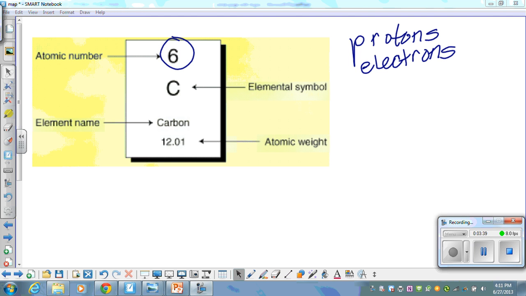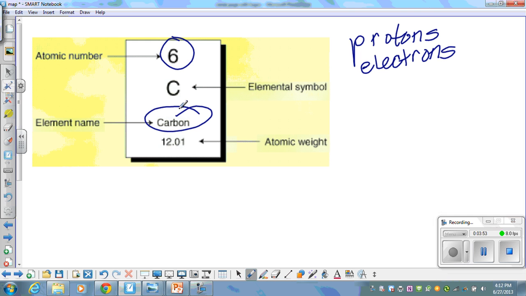The letter or letters below the atomic number are called the atomic symbol. This is used to identify each element in shorthand. Right below the symbol, you'll see the element's name written out. That is included in every periodic table as well.